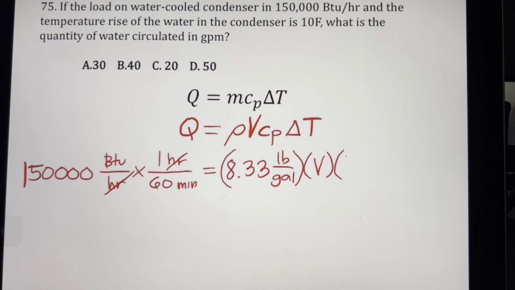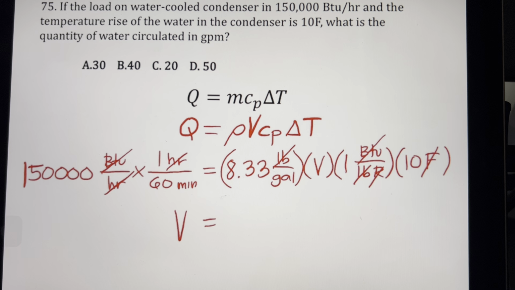Cp of water using the English unit, that's 1 BTU per pound Rankine. And the rise in the temperature of the water is 10 Fahrenheit, which is also the change in Rankine. Pounds is also cancelled, as well as BTU. So the remaining unit for volume is gallons per minute. What is our answer? The answer is most nearly equal to 30 gallons per minute.